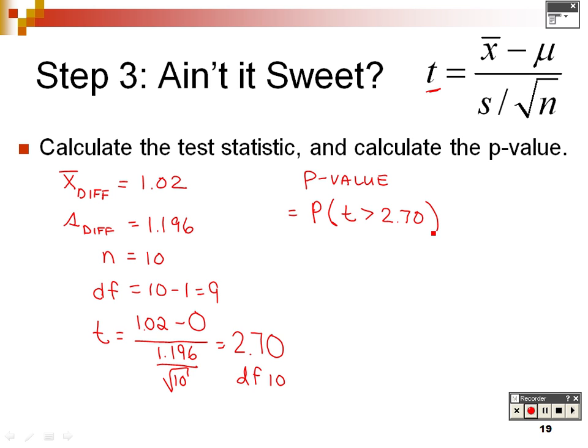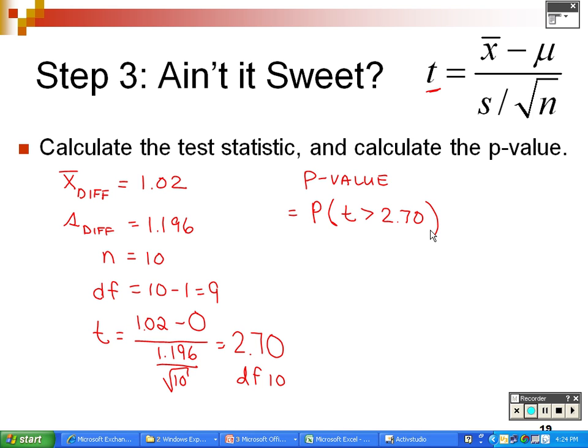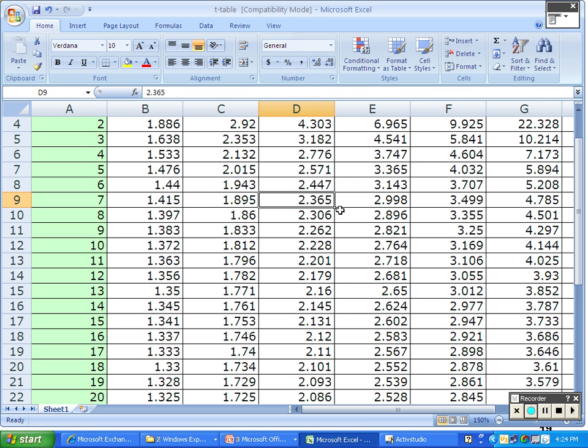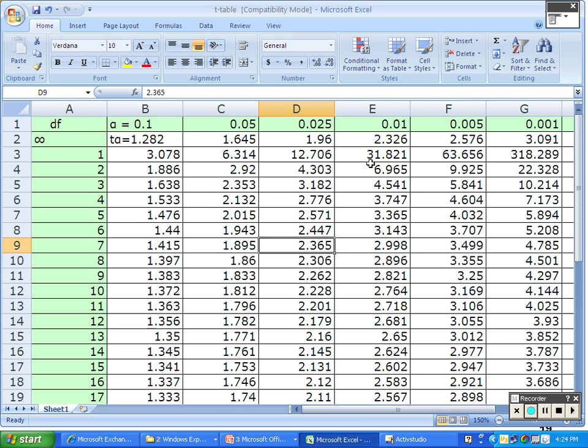What we need to do is go to the table. Now on the table, you're not going to get an exact value, and here's why. We're only given these percents up here at the top. So we've got 9 degrees of freedom. That's right here. I'm going to highlight that row. And we just want to move along it until we get close to 2.7. So it's less than 0.1.